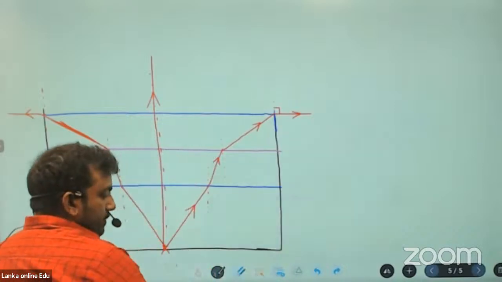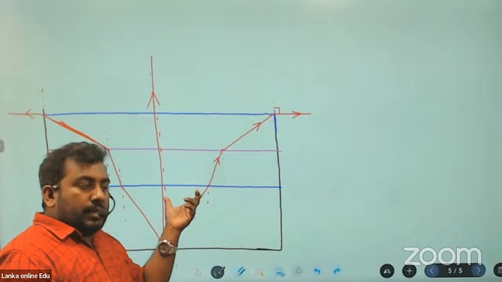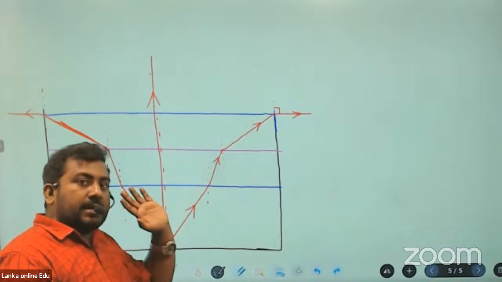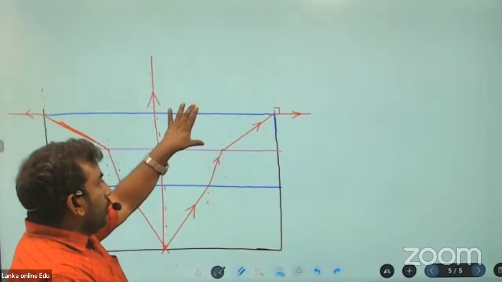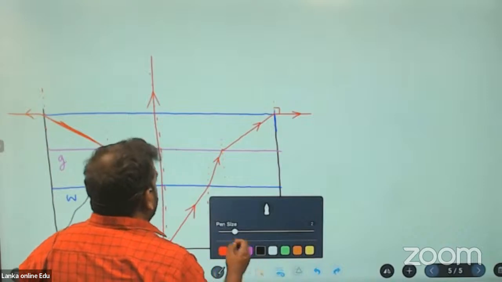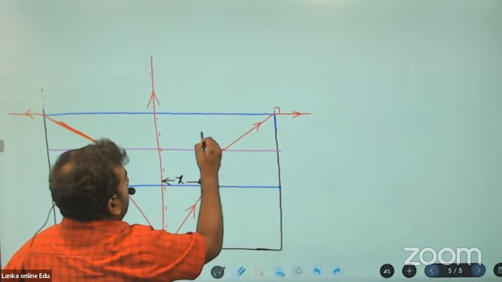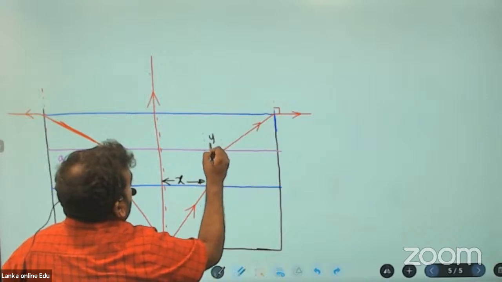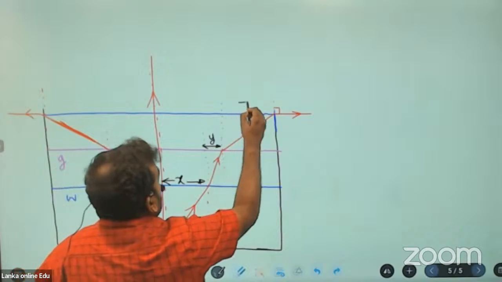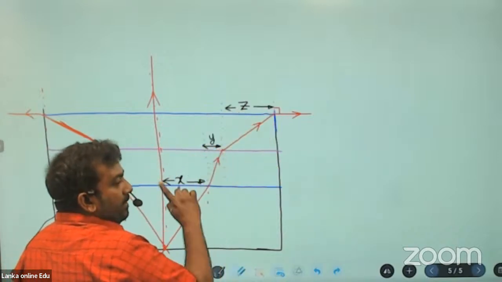So now remember, thickness here has not changed. Only thickness here has. So technically, if you see, this is going to be X. This is going to be Y. This is going to be Z. This X and Y will not change.